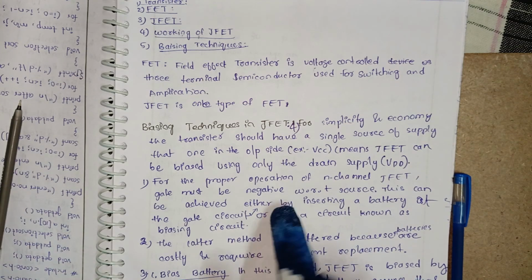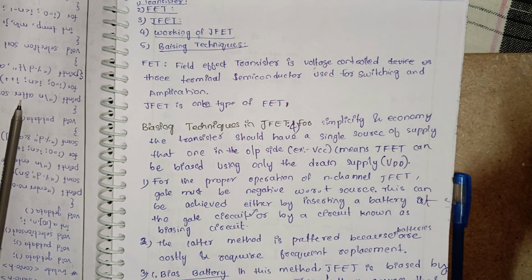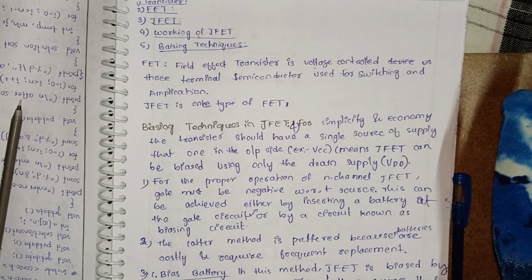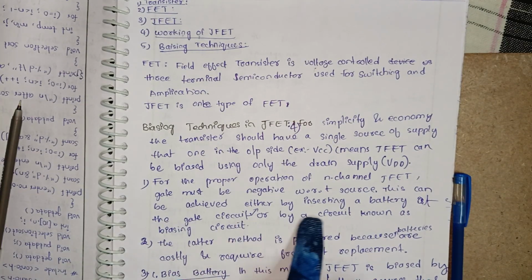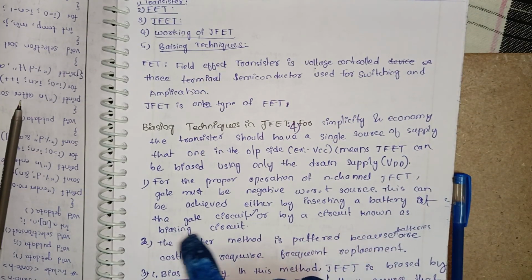So we already know the gate must be negative with respect to the source, as we have already seen in the working of JFET. This can be achieved either by inserting a battery in the gate circuit, or by a biasing circuit.